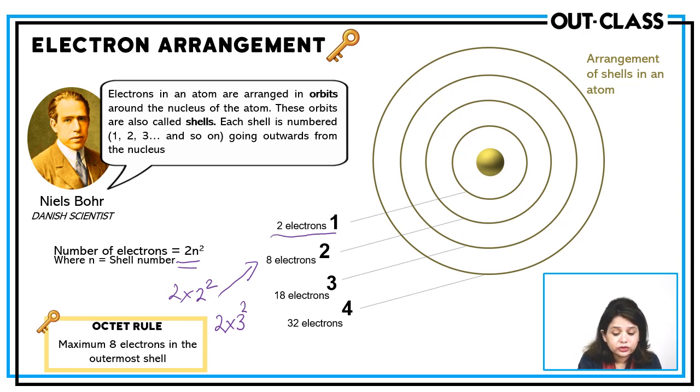That's the octet rule. Maximum number of electrons in the outermost shell should be 8. So from that point of view, we only fill 8 electrons in the third shell and the rest go to the fourth shell. The fourth shell does have a capacity of 32 electrons, but that is beyond our syllabus.